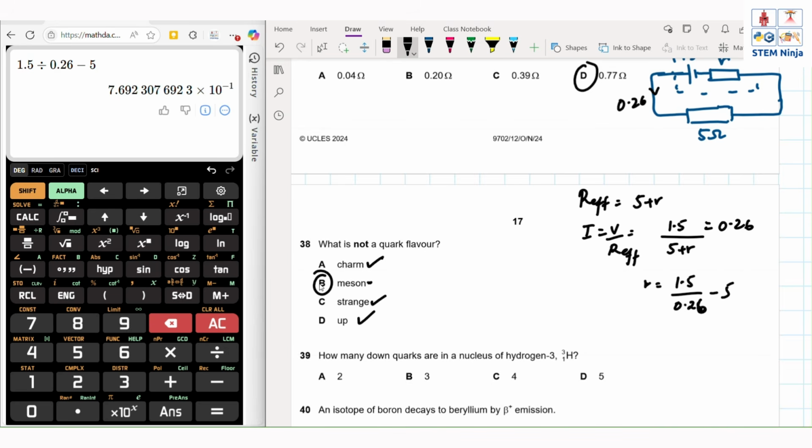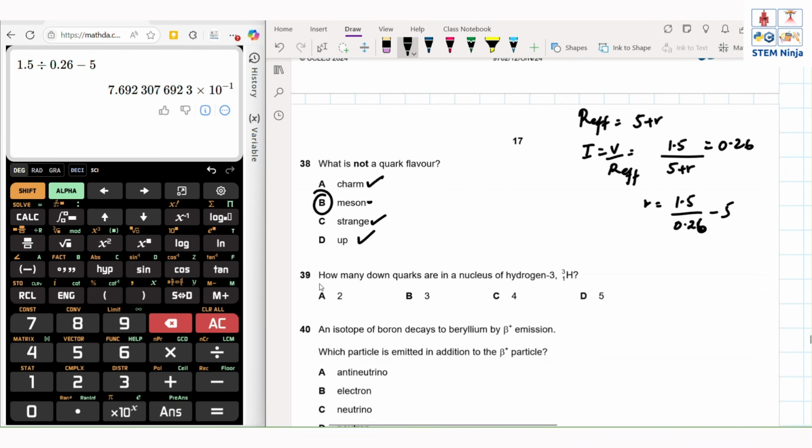How many down quarks are in a nucleus of hydrogen 3? Now, to do that, we need to know the number of protons. Number of protons is equal to 1, and neutrons is equal to 2, because nucleons is equal to 3.